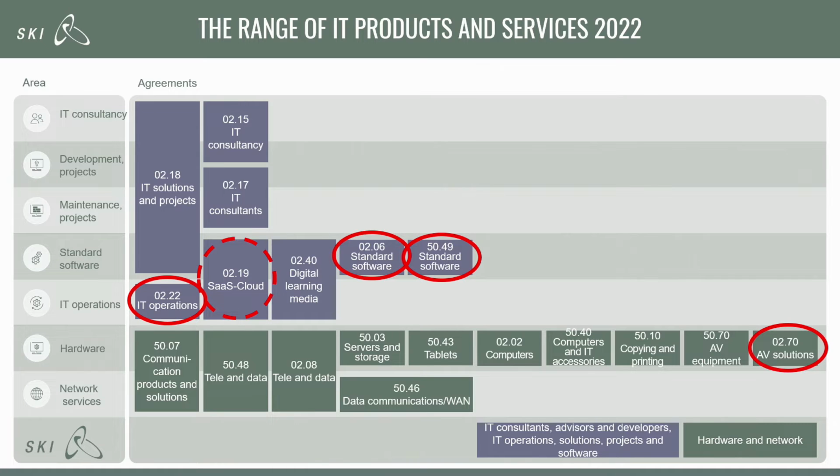The one that I've marked with a red ring around them is actually dynamic purchasing systems, and the one we'll dive into today is the one called standard software, where you can see some of the benefits of actually using that as a sales channel for your products and services.